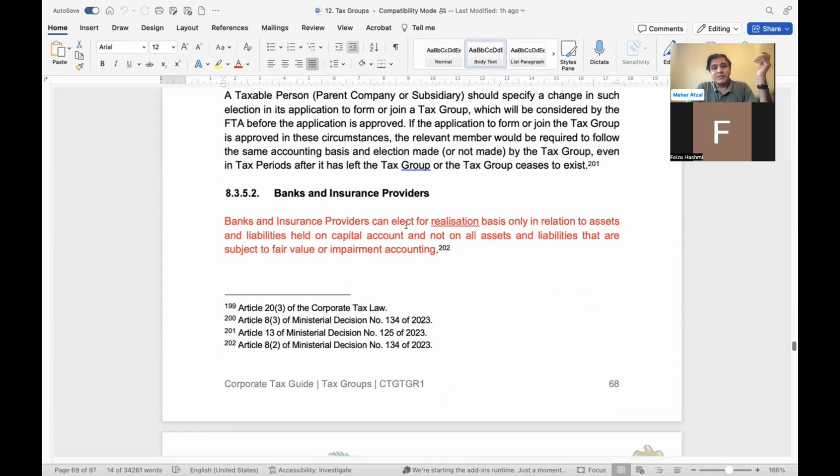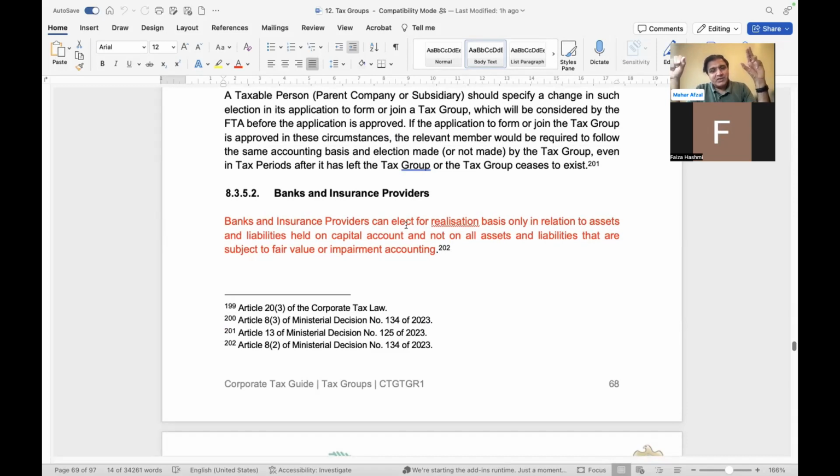Important for banks and insurance. Now we know there are different categories: accrual basis, realization basis. While opting, we need to pay tax on the gains and loss on accrual basis or on realization basis. There are three different classes. One is assets held in the capital account.